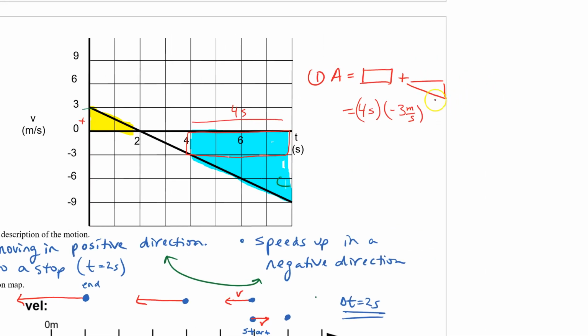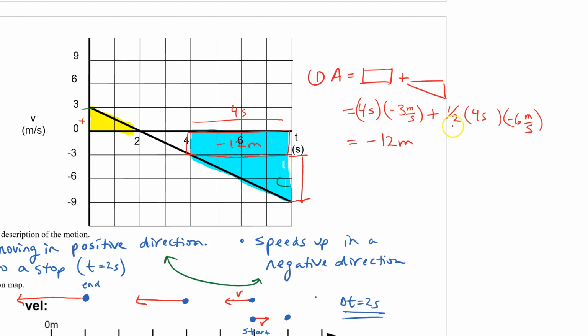Plus, now the triangle part is 1/2 times the base times the height. The base is also 4 seconds, and the height of the triangle here is minus 6 meters per second. Because it's below the line, it's negative. 4 times negative 3 is negative 12 meters. So this area here is negative 12 meters.